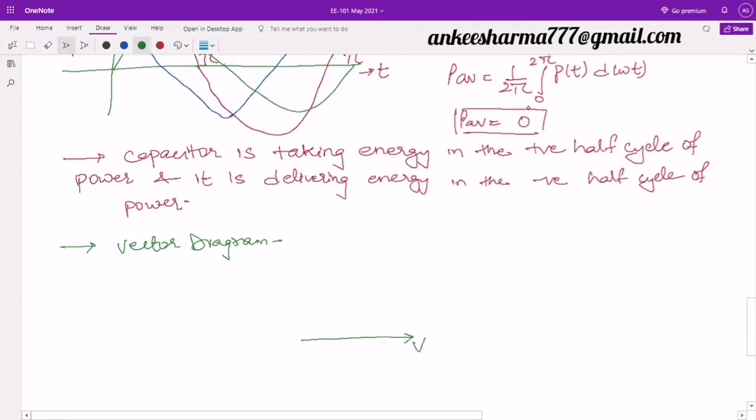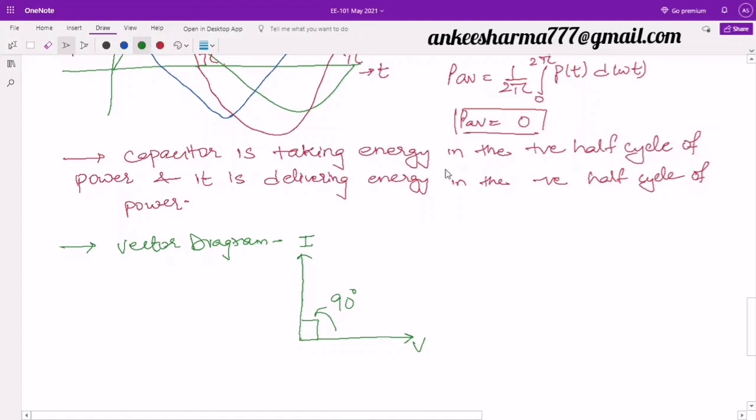It means definitely when I said it is leading, there will be a 90 degree phase shift. So if this is 90 degrees and I am moving in the anti-clockwise direction because of the leading, this will be my I. So this is how I will get the vector diagram or the phasor diagram for the case of my capacitor across an AC source.